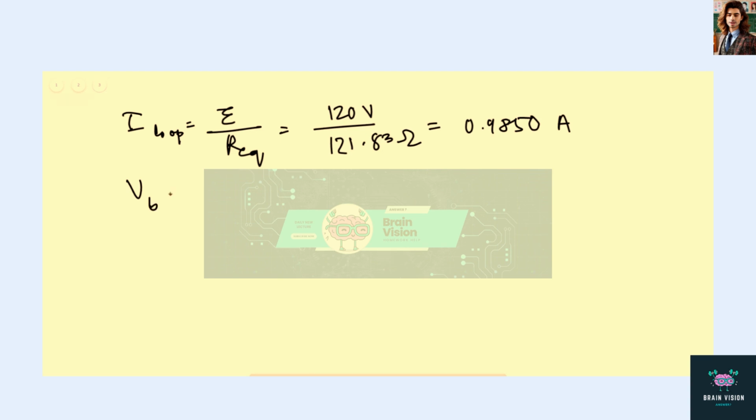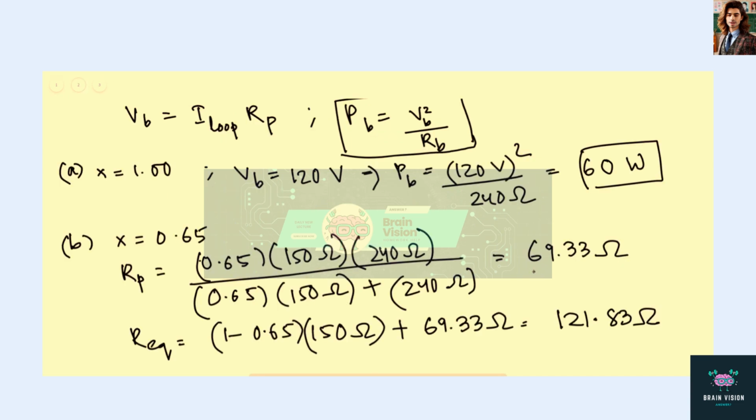Now that we have the current, we can find the voltage across the bulb using this equation. V_B will be I of loop times the equivalent resistance, not of the bulb, but of the parallel combination of the bulb and the lower portion of the potentiometer. That is the one that we calculated here.